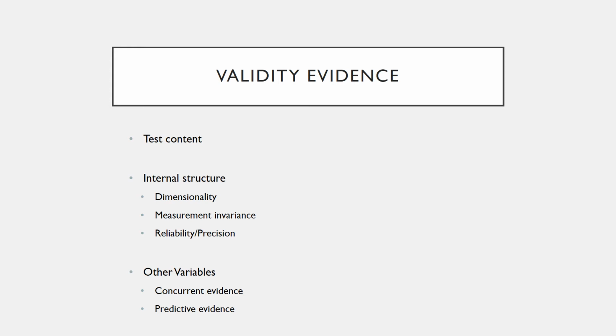Building on that idea, we need to look at the internal structure. So not just the content, not just the subject material and the way that we're discussing it and representing these constructs, but the actual internal structure. So as we've discussed in previous chapters, in some instruments, there's just one assessment. It's got the questions that it has.